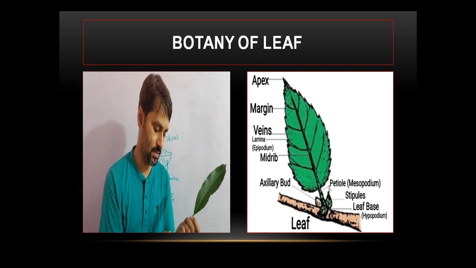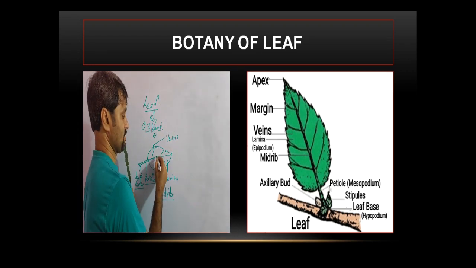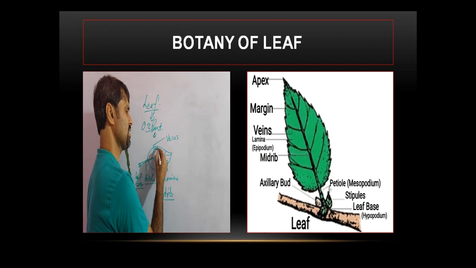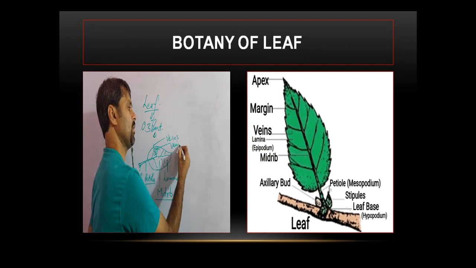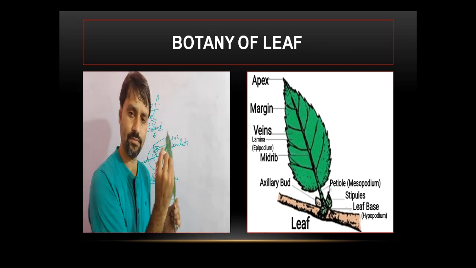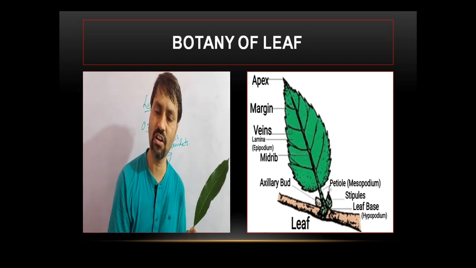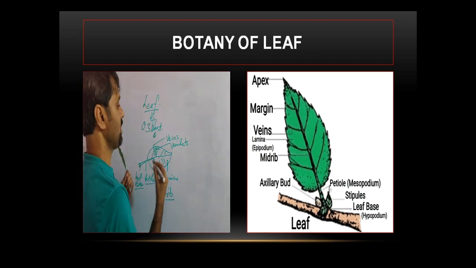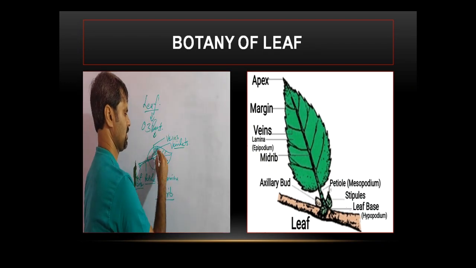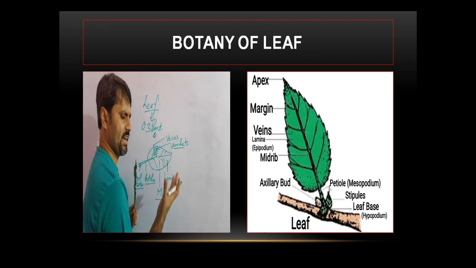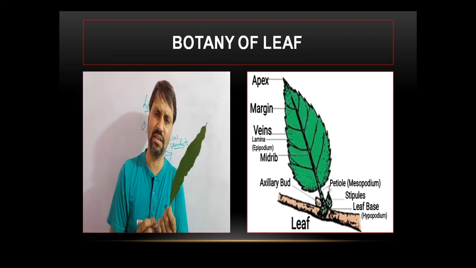From veins arise small structures which are called veinlets. These veinlets usually form a network-like structure in some leaves.